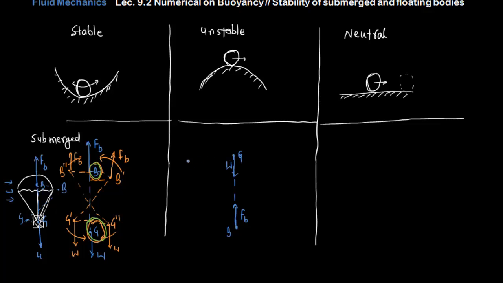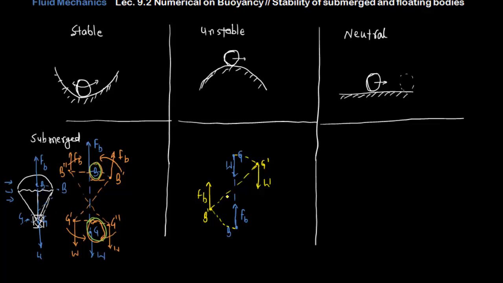So let's say after providing the initial disturbance, this point is going to shift here, and I'm saying this is G dash point, so this line of action is going to be tilted like that, and let this B point shift here, let this be B dash, so the weight will act here and the buoyant force will act here.